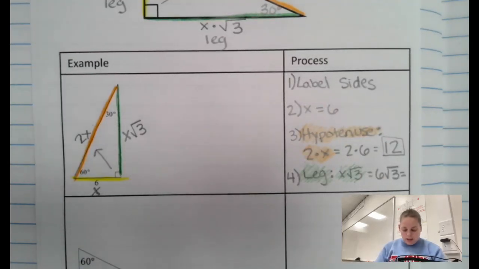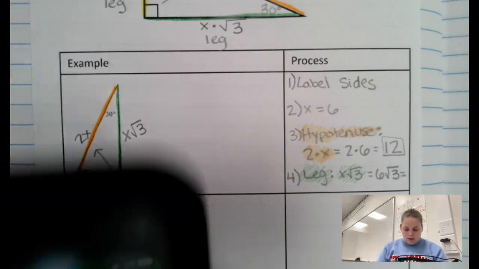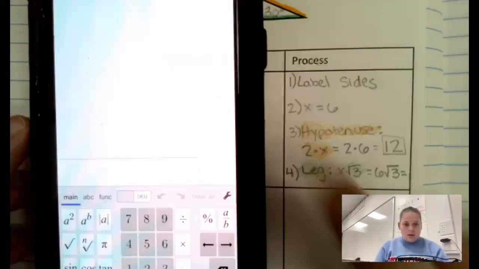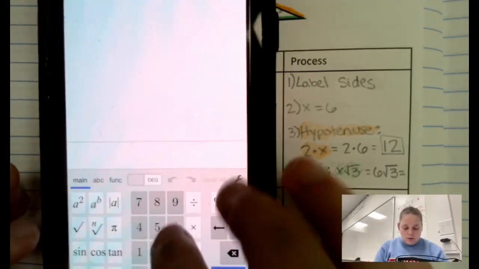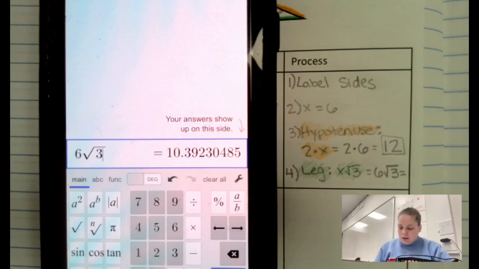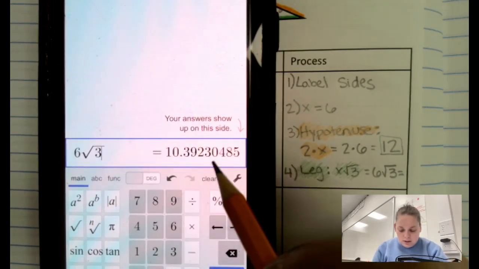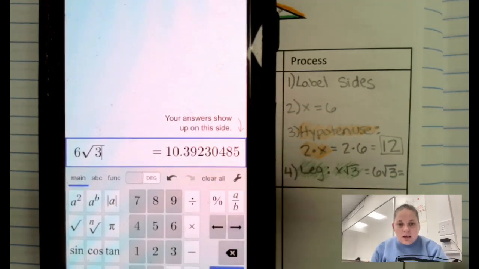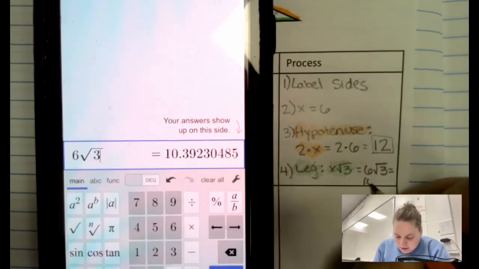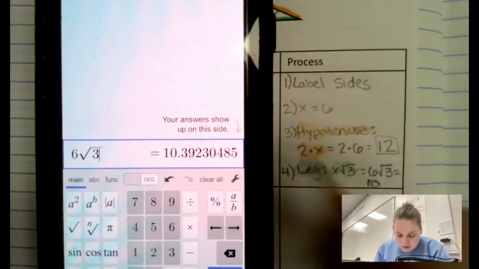Again, I'd recommend that one versus your calculator on your phone until you get more used to it. All right, so we're going to do 6 square root of 3. And we get 10.39230485. It ends up being that irrational number. It goes on and on forever. So we're going to round it to the nearest hundredth, 2 decimal places.